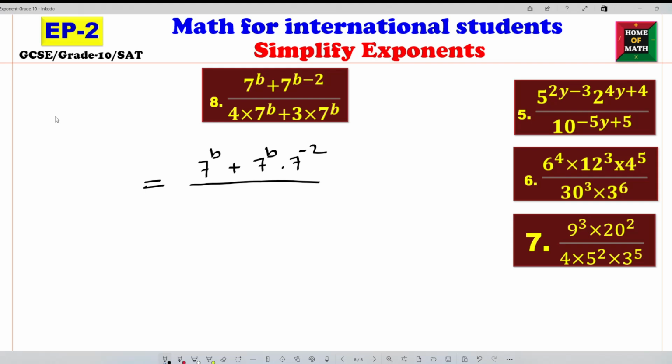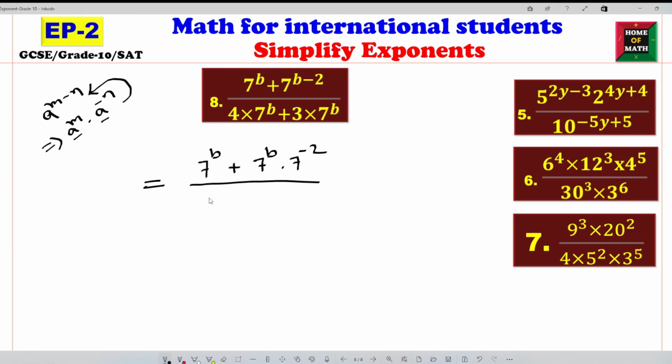Why are we writing like this? Suppose a to the power m minus n, so we can write a to the power m times a to the power minus n. Look, here the bases are the same. Once we multiply, that time the powers will be added. So similarly, here 7 to the power b minus 2, we can write 7 to the power b times 7 to the power minus 2.